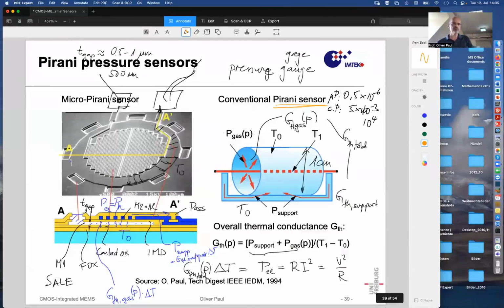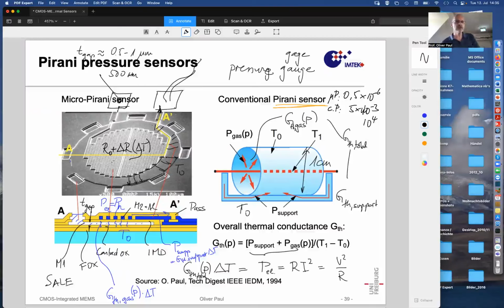So this resistance nominally has the value R, but then because we are sending a current through, of course, it experiences some delta R due to the delta T, due to the temperature increase.